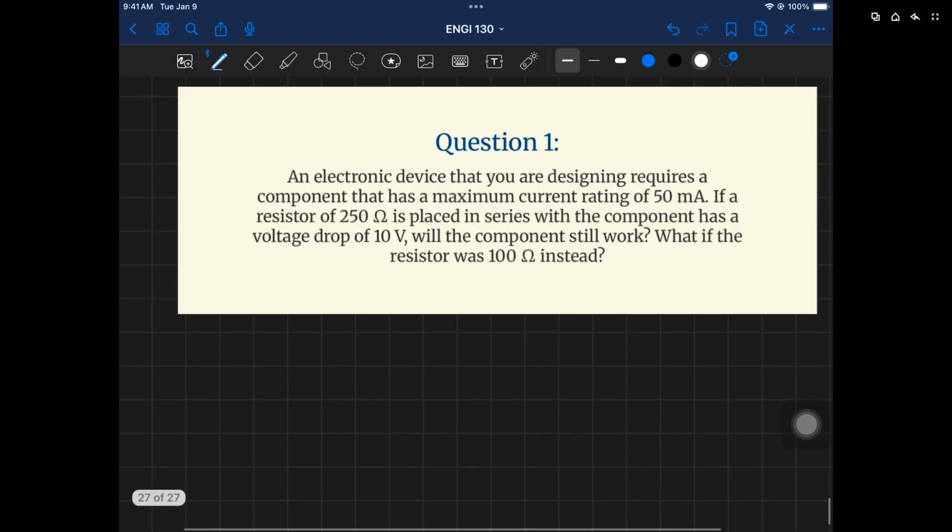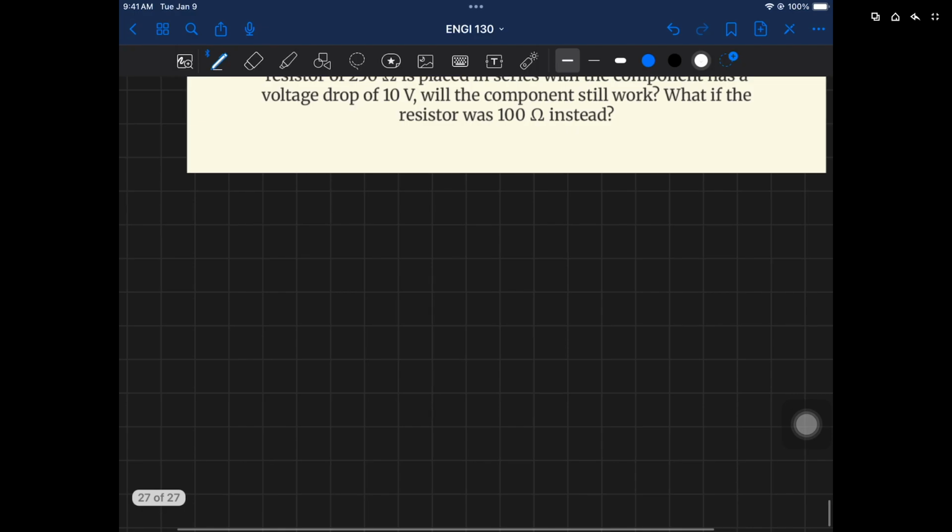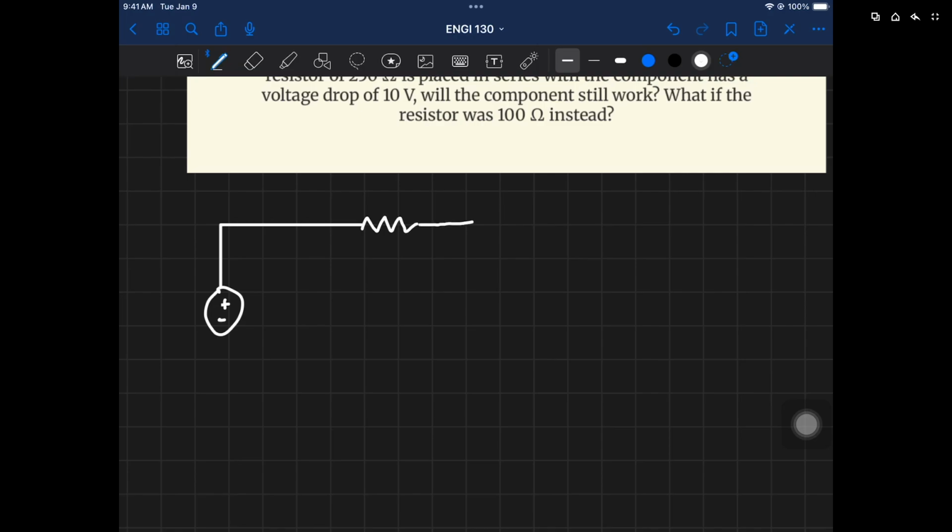So let's draw out this problem. We have some kind of voltage source, connected over to a resistor, and that is connected to some component, and we don't know what that is.